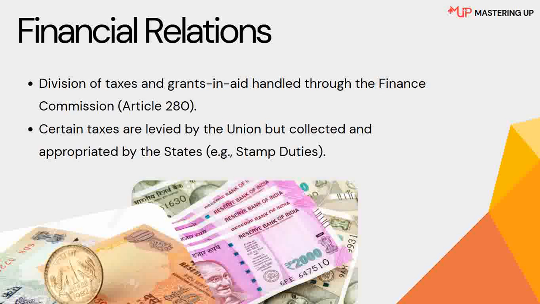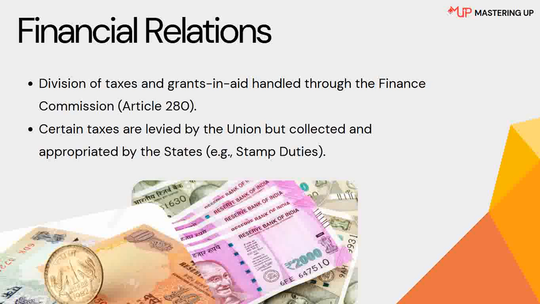Financial relations between the center and the states are governed by the Constitution, primarily through Article 268 to 293. These relations define how financial resources are raised, shared and used by both levels of government.